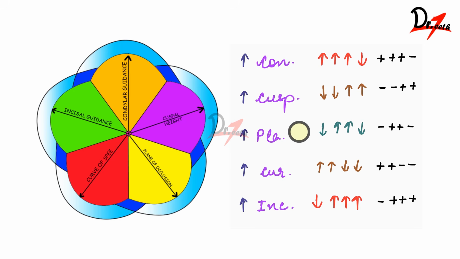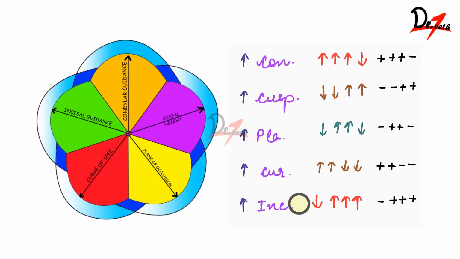Then plane of occlusion has 1 down, 2 up, 1 down, minus plus plus minus. Then curve of Spee has 2 up and 2 down, that is 2 plus and 2 minus. Then incisal guidance is 1 down, 3 up, minus triple plus.